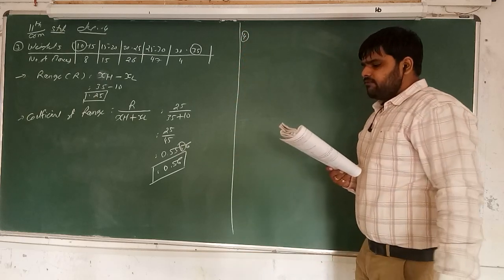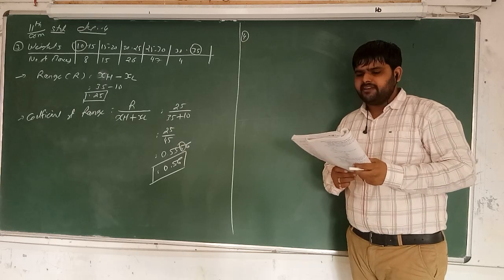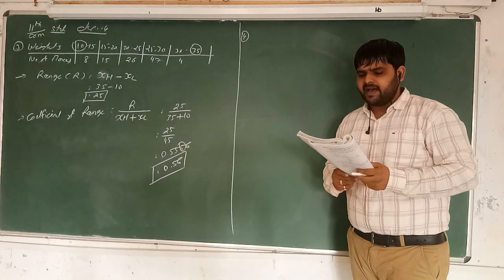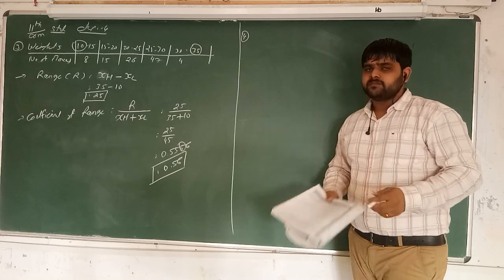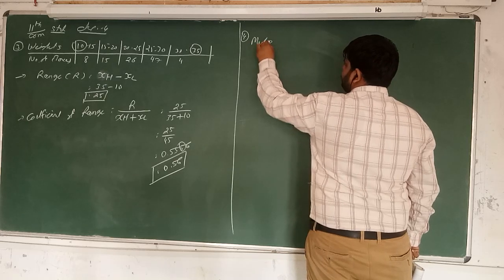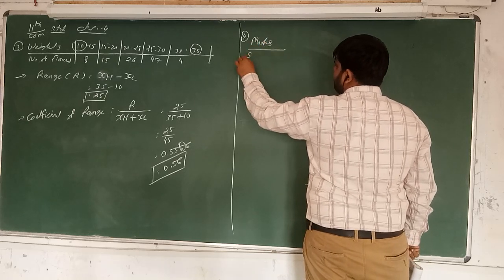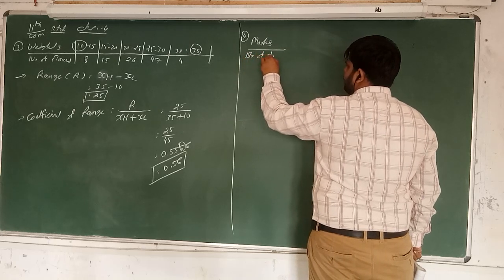Find the range and coefficient of range of marks from the following frequency distribution of marks scored by 50 students of a school in a certain examination. The first column is marks, and the second is number of students.